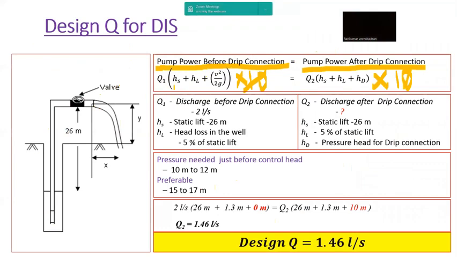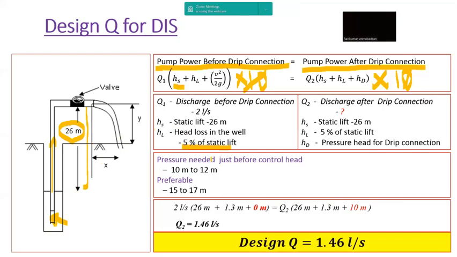Total head comprises the static lift, and also the losses of pressure head when water passes through the pipe, and also when water enters the pump through the foot valve, there will be some loss. All these losses are put together, and that loss is taken to be 5% of static lift, 5% of 26 meters.